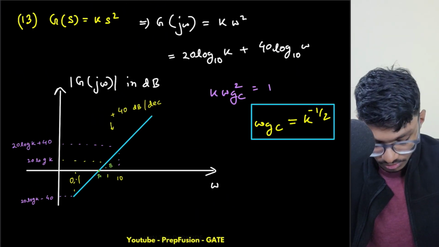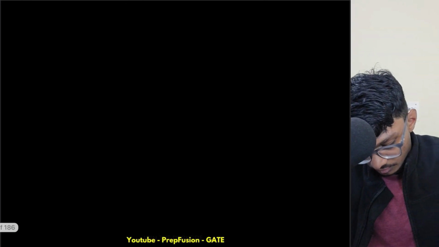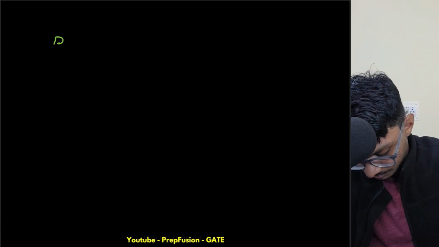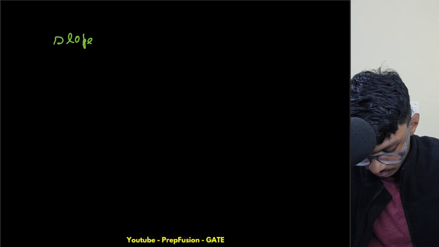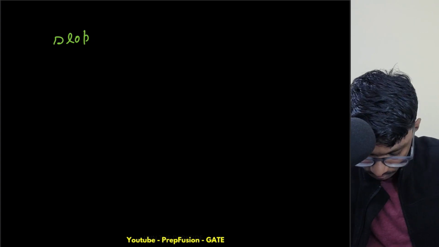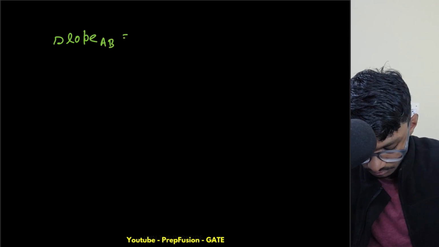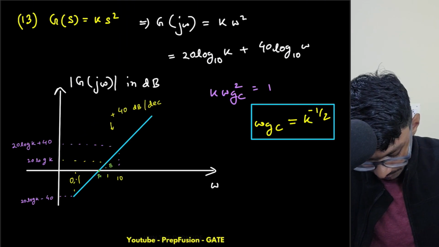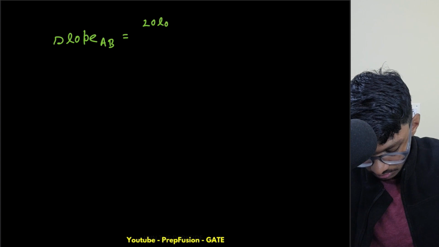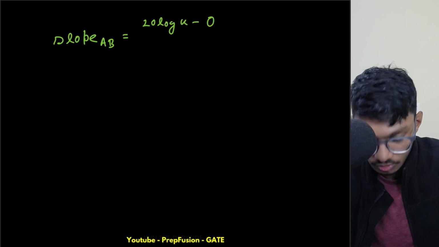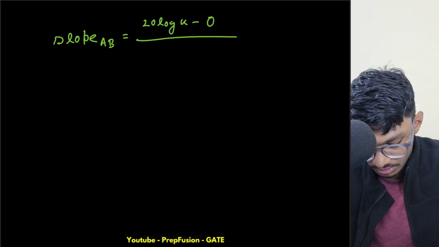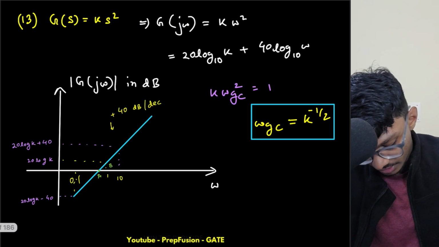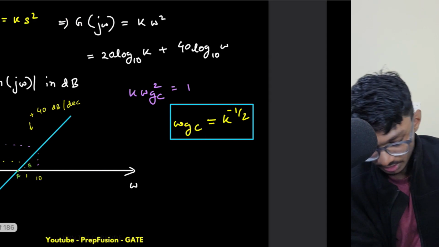Now if I write the equation for the slope, slope equals YB minus YA over log 10 omega B minus log 10 omega A. YB is 20 log k, YA is 0 dB, obviously, since it is the unity gain or gain crossover frequency, and omega B is 1.